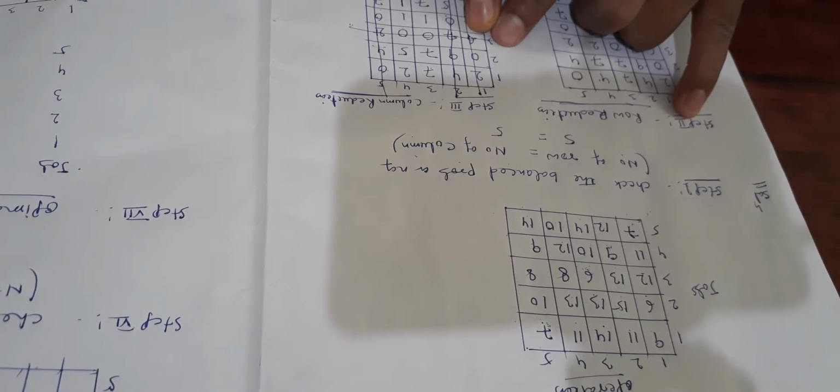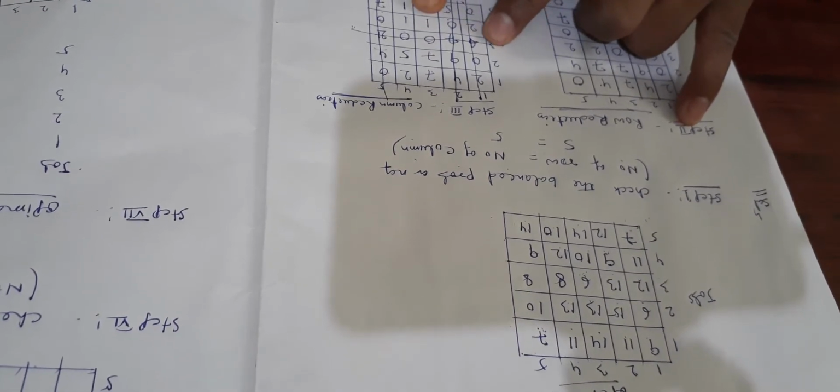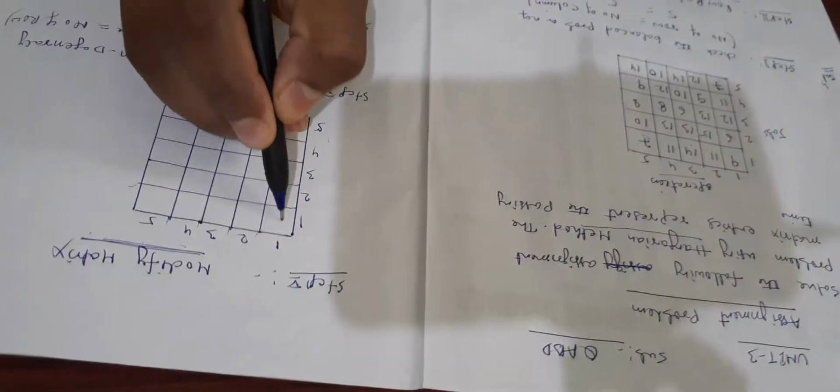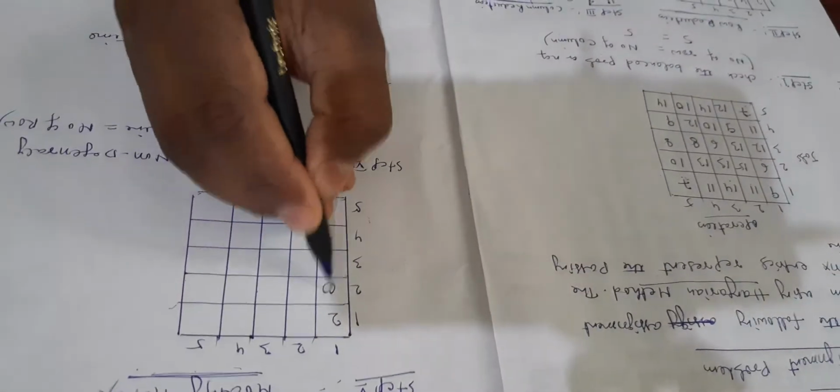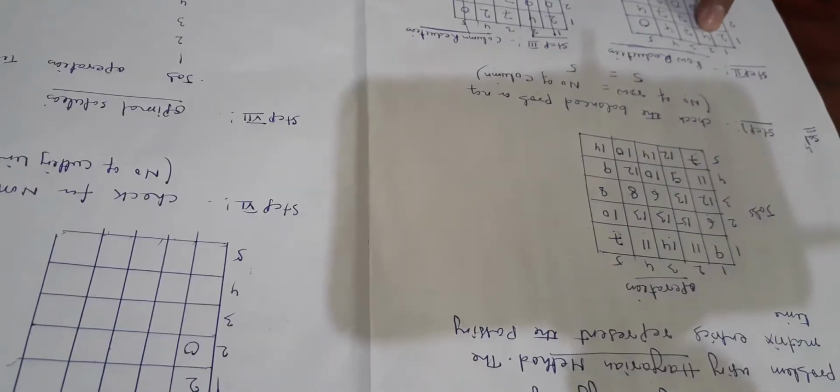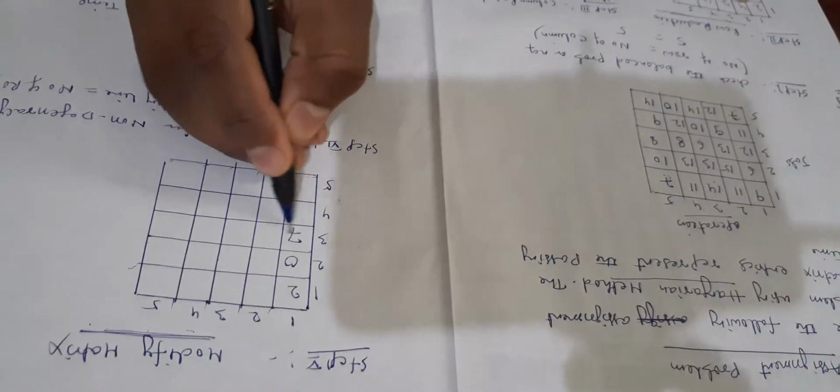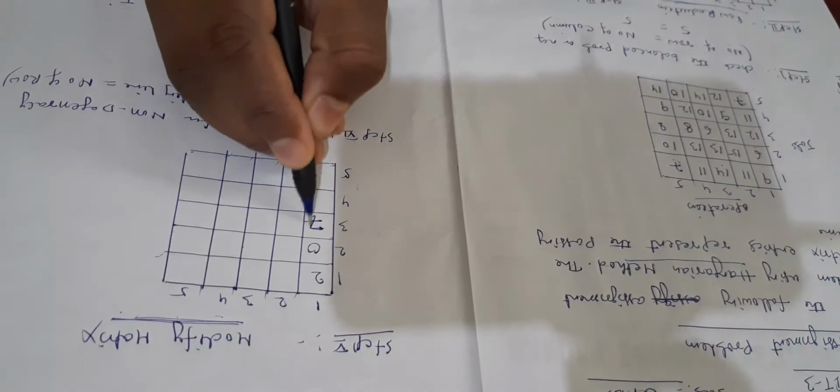Here is the plus sign: 6 plus 1 is 7. Where there is no plus sign, we copy the same value. So 2, here is also 0, so write 0. Here is 6, but we are getting the plus sign, so 6 plus 1 is 7. Next 2, next 0, write 0.